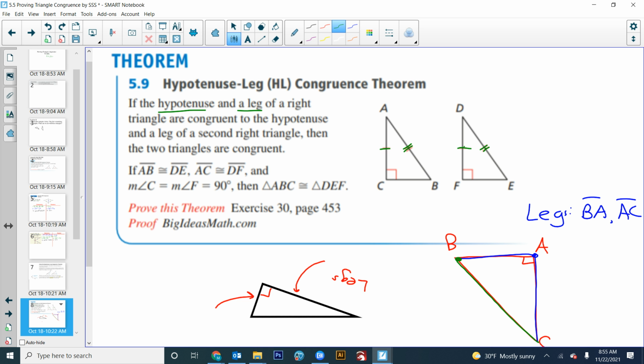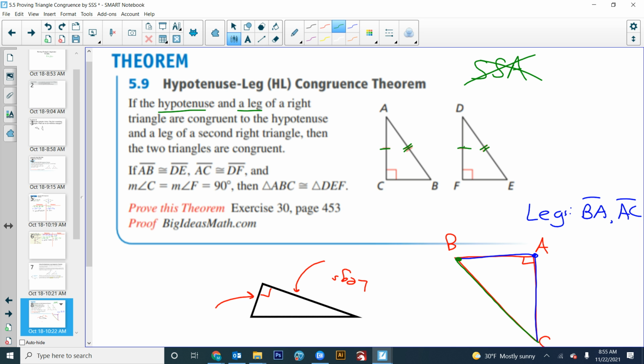But SSA is not one of them. This is never going to be one of them. You'll get a detention because it works forward and backwards, and it is not one of the congruence statements.